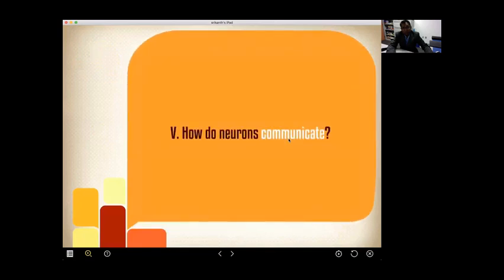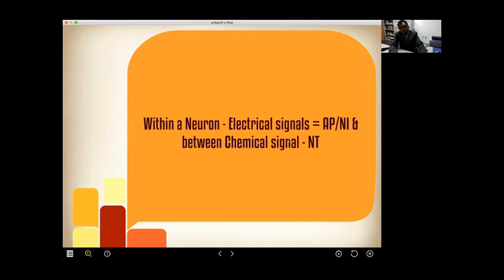Now, two neurons transfer information from one to another. Between neurons, information is transferred in the form of chemicals. But within a given neuron, the information is transferred through electrical signals, and these electrical signals are called action potentials or neural impulses.